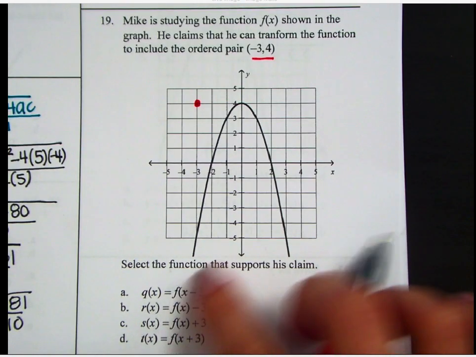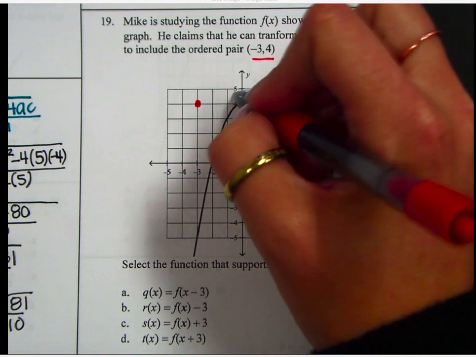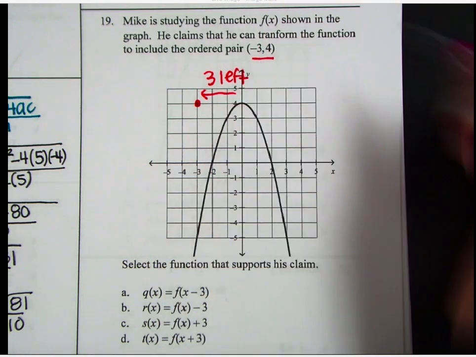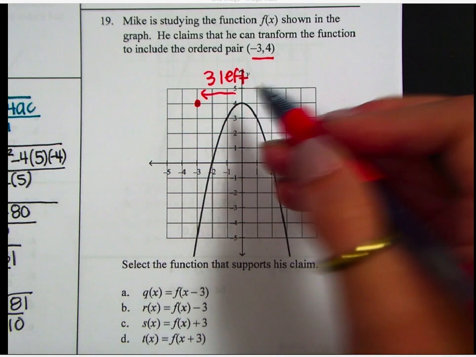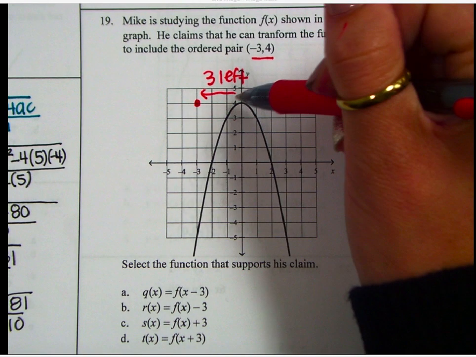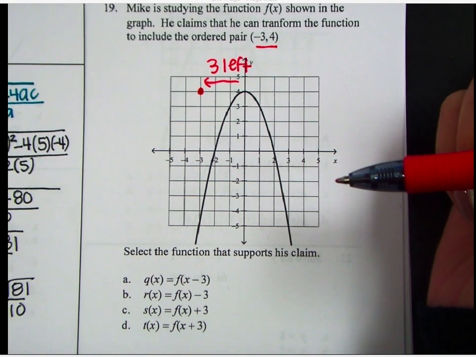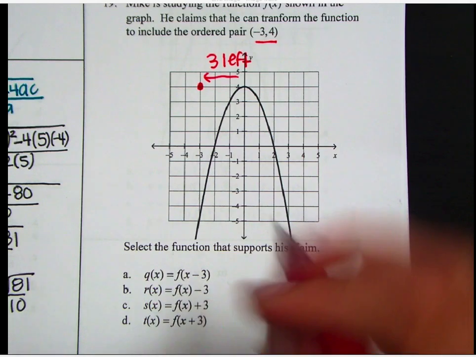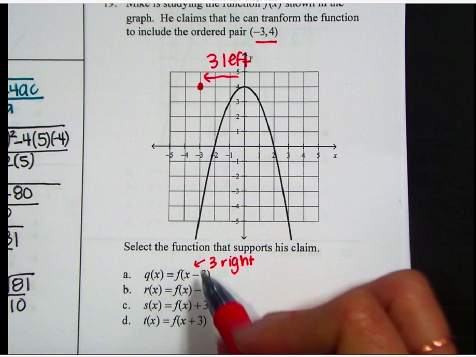So what would he do to this f of x function to translate it 3 units to the left? So we're trying to translate 3 to the left so that this ordered pair is included.